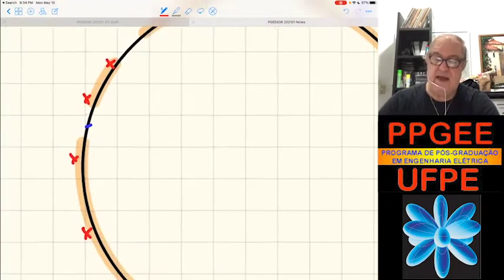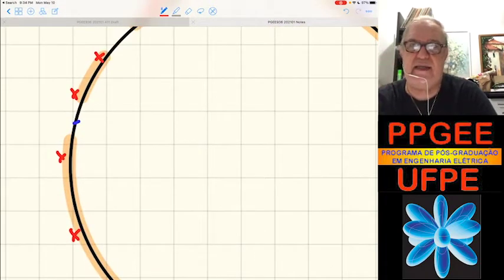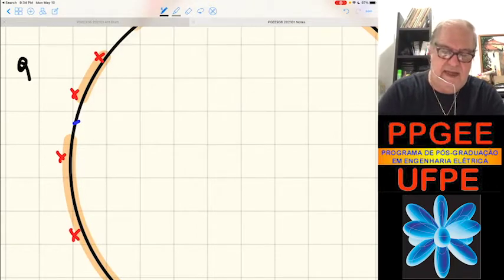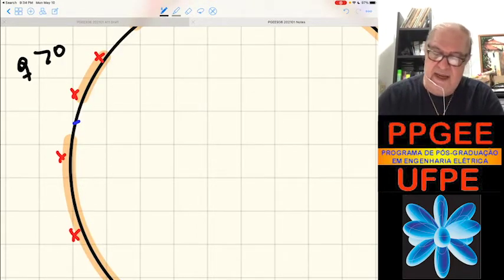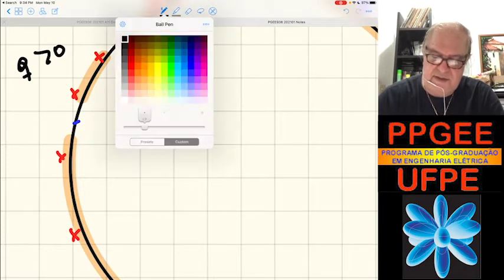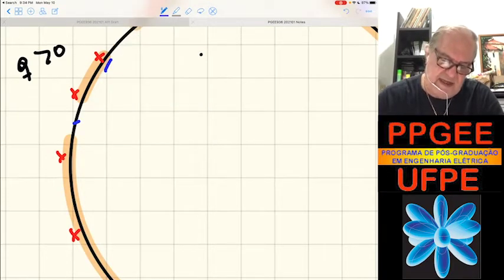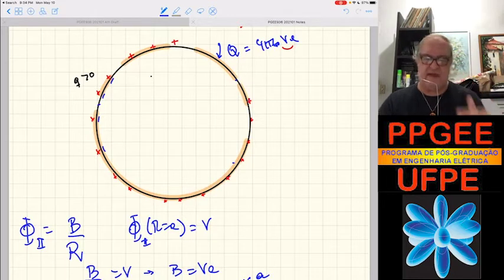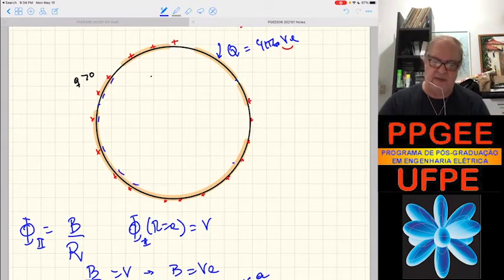And inside, let's say that Q is positive, so inside we have induced charge which is negative. You see that the same conductor has on one side negative charges which are induced because of the inner charge, and outside you have positive.